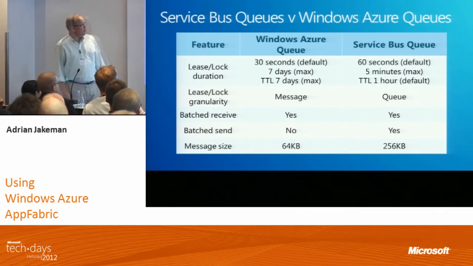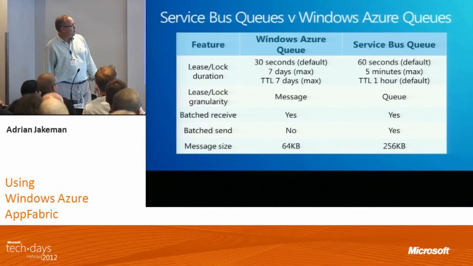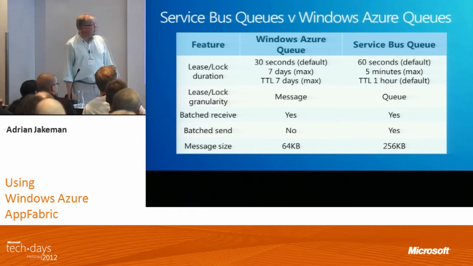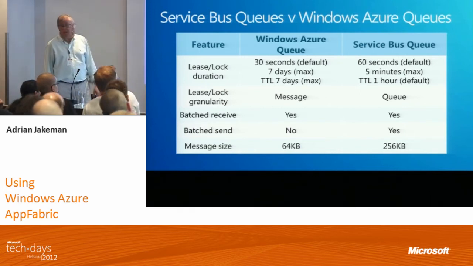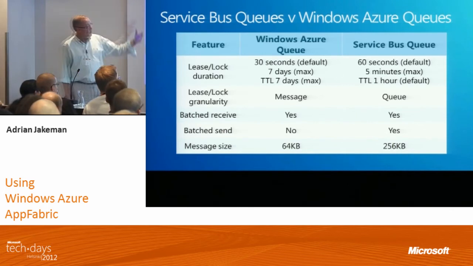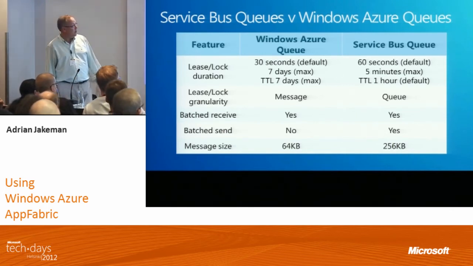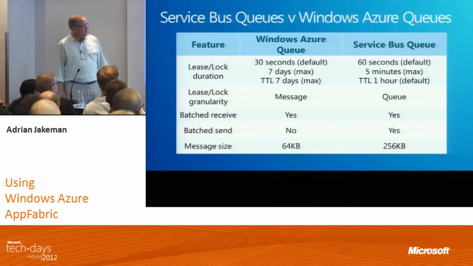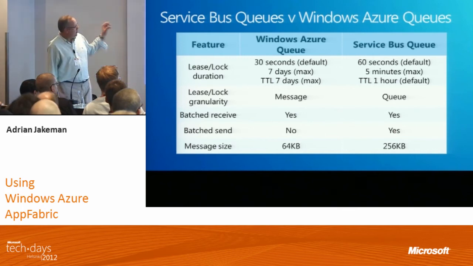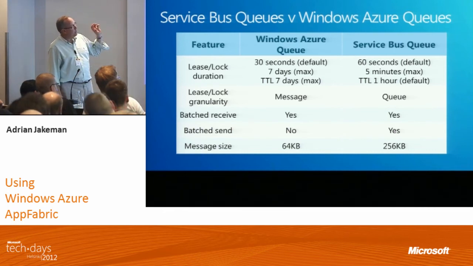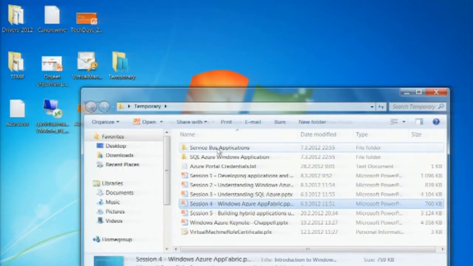For a Windows Azure queue, 30 seconds is the default lock, and 7 days is the maximum time to live. Similarly for a Service Bus queue, 60 seconds is the default lock, you can change it, with 5 minutes maximum. Time to live is 1 hour by default, but you can actually have it there for months. So there are different levels of functionality and different degrees of service.